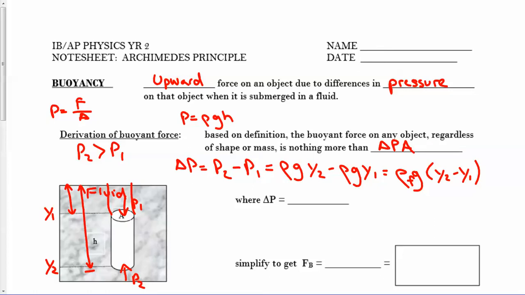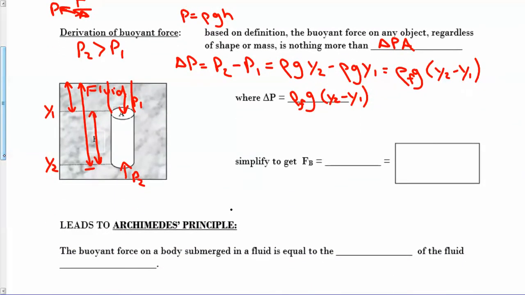Basically, you're cross-multiplying the P and the A. Since delta P is the density of the fluid times g times y2 minus y1, which in this case we're going to call H, the height of the container, we end up getting rho of the fluid times g times H. So the buoyant force is rho of the fluid times g times H times the area. So this first part is your delta P.